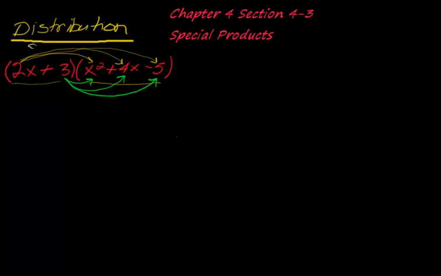We can also rewrite that as the book does by saying that this is 2x times (x squared + 4x - 5) plus 3 times (x squared + 4x - 5).